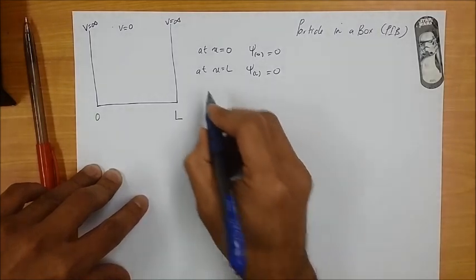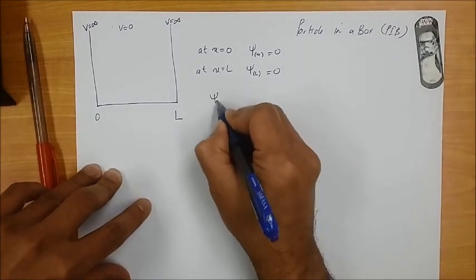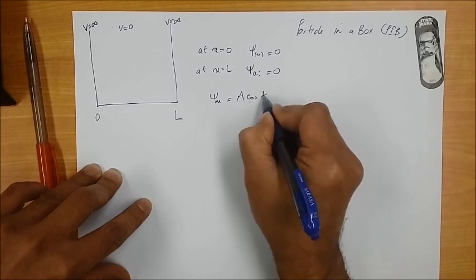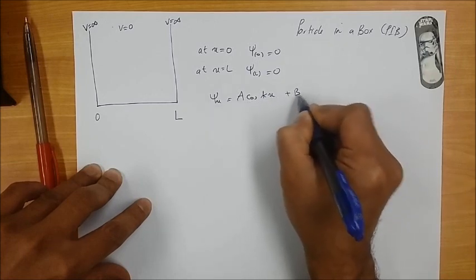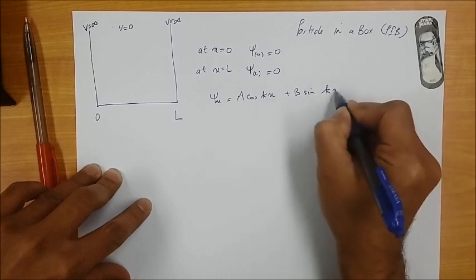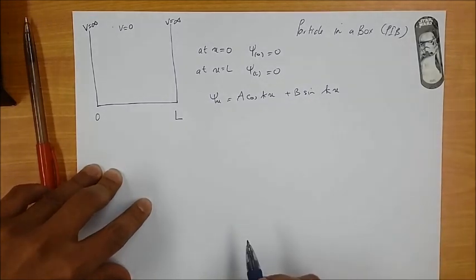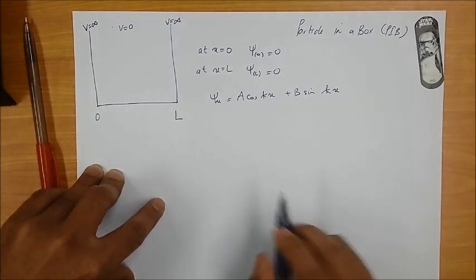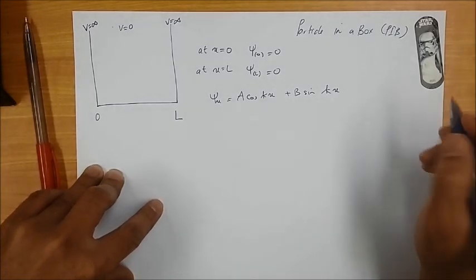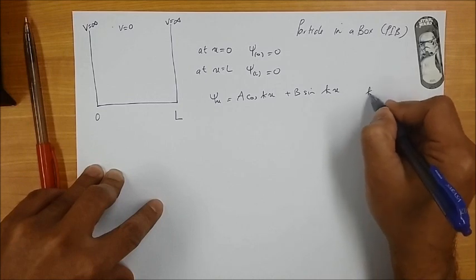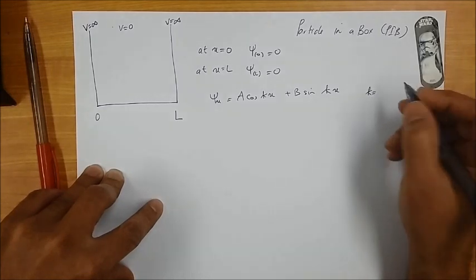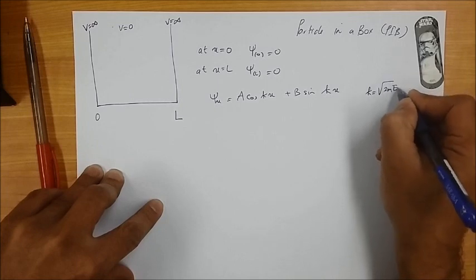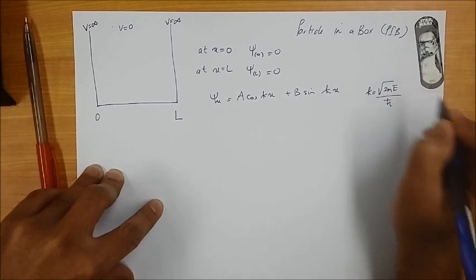Now the solution for this wave function is psi equals A cos kx plus B sin kx, right? A and B are constants that we have to find, and k is the wave vector. And what is the formula of the wave vector? The wave vector here, as we derived in the previous video, is the square root of 2mE over h bar.